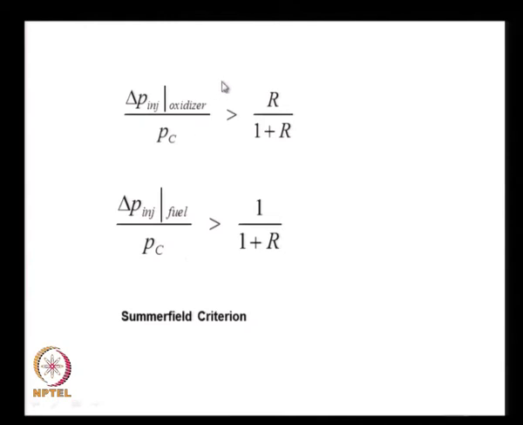When the value of Tc is finite, a much smaller pressure drop is adequate to ensure stability. This particular criterion was developed by Summerfield, and it is known as the Summerfield criterion.